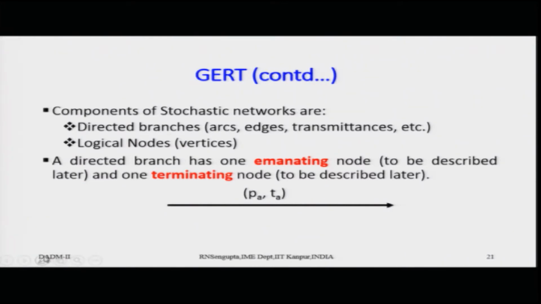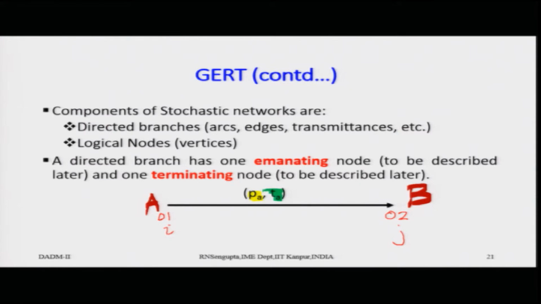So, this is the probability PA, considering the path is from i to j, the time taken to traverse from i to j is given by TA, and the corresponding probability is given by PA. So, components of stochastic networks are directed branches which have arcs, edges, transmittances etc., as shown here, and we will mention the starting and the ending, for example, by A and B.